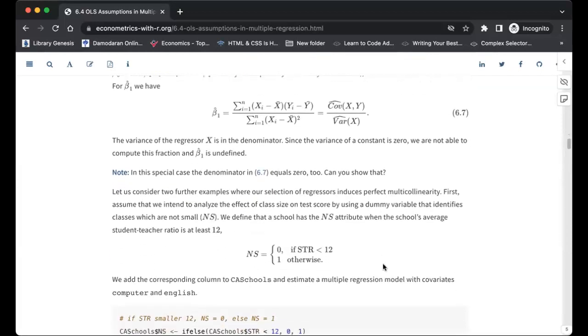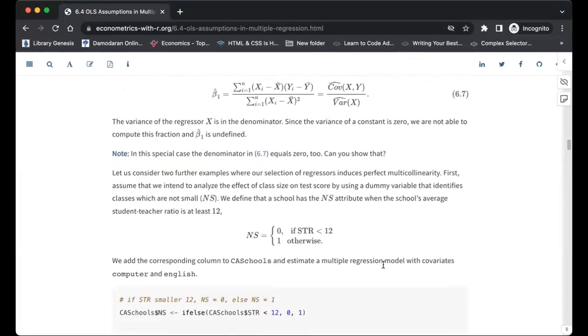So it's looking at two other examples. In this one we work with dummy variables, where we define that a school has the NS attribute when the school's average student-teacher ratio is at least 12.